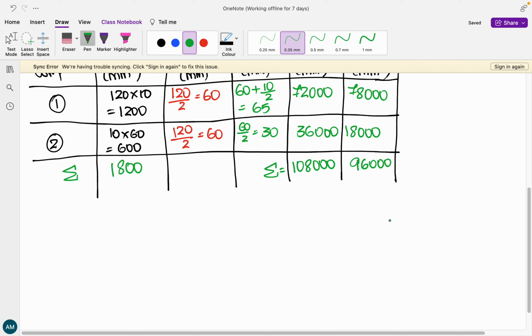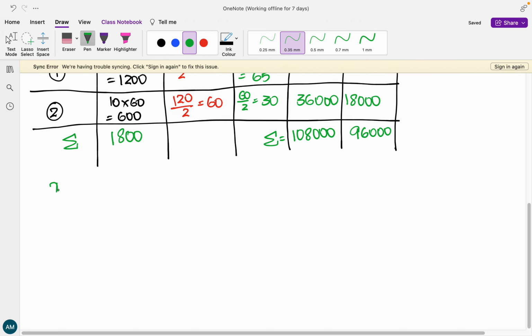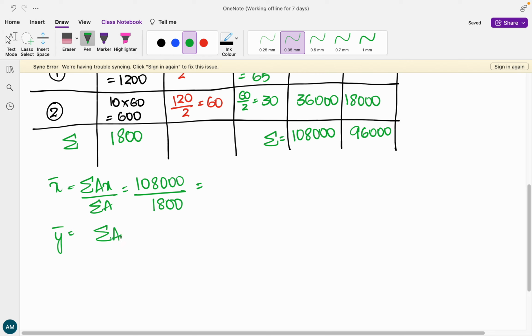Now let us write x bar and y bar. This concludes our problem. X bar is summation a into x divided by summation a, which is 108 followed by 3 zeros divided by 1800. Y bar is summation a into y divided by summation a, which is 96 followed by 3 zeros divided by 1800.